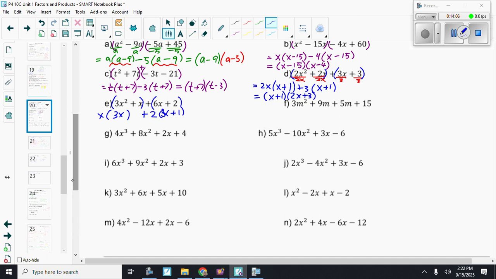Actually, they don't match anyway because I forgot the 3 in front of the x. 2 times 3 gives me 6. Sorry about that. This is a great way to double check. I'll clean that up a little bit for you guys. They have to match. If they don't match, you go back and see if you can find your error. My error here was that I forgot that x times 1 gives me x.